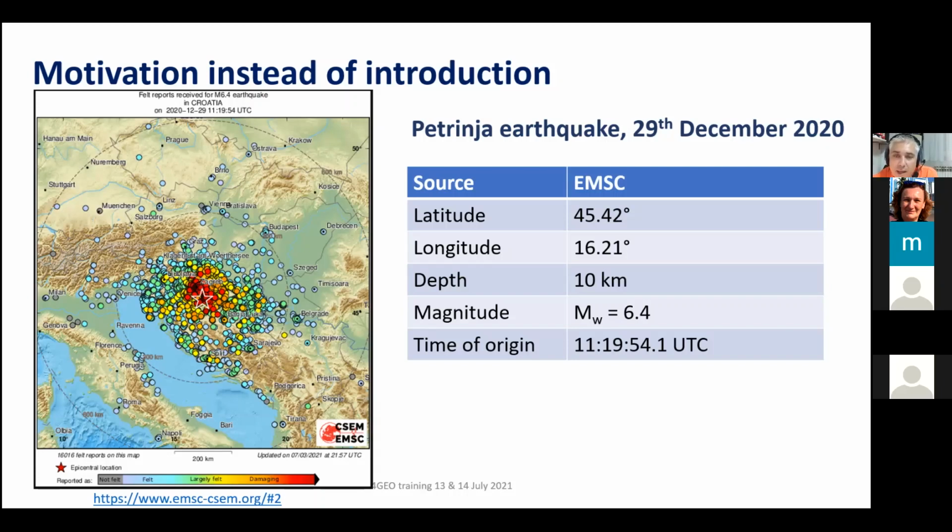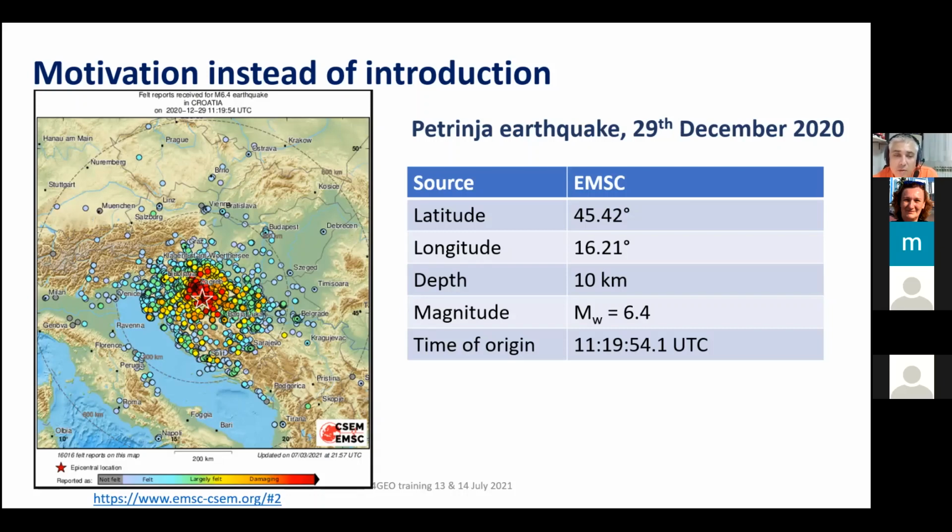In the table on the right-hand side, there are the very basic data about the earthquake: the location of the epicenter given in ellipsoidal coordinates, latitude and longitude, the estimated depth, and the moment magnitude estimated at 6.4.